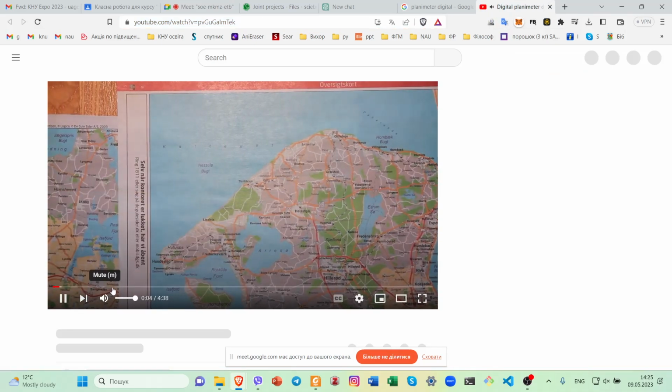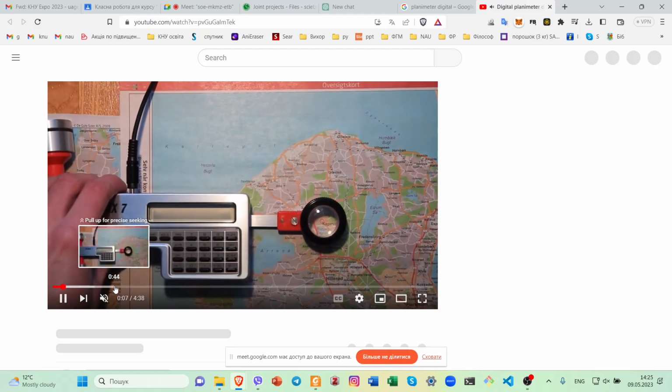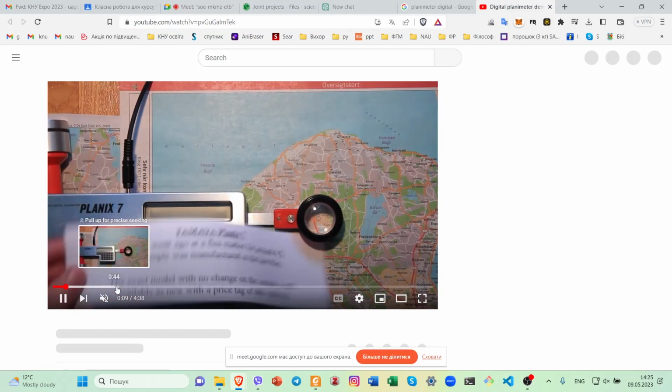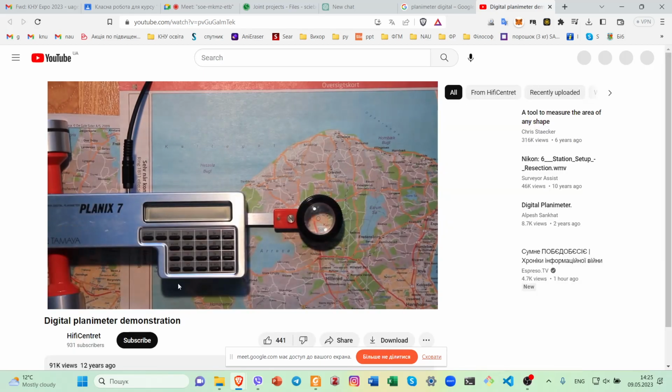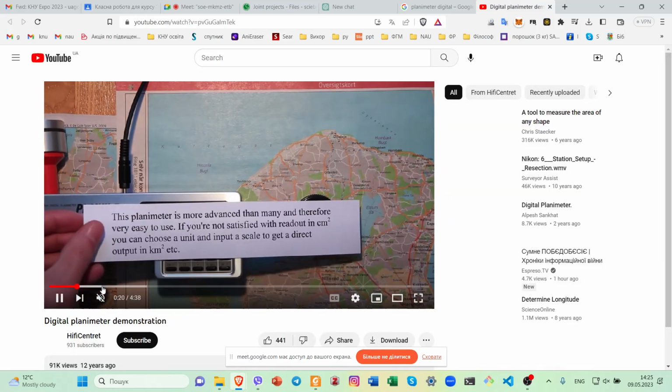An example of using planimeter. Advertising.